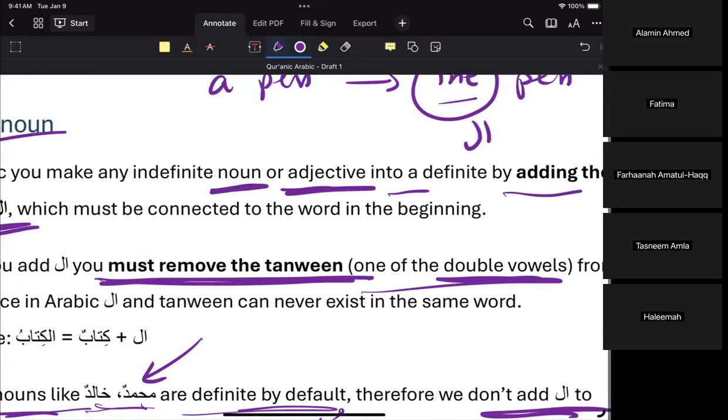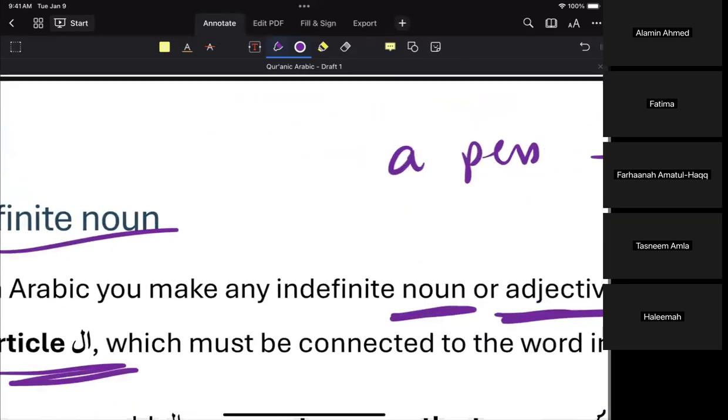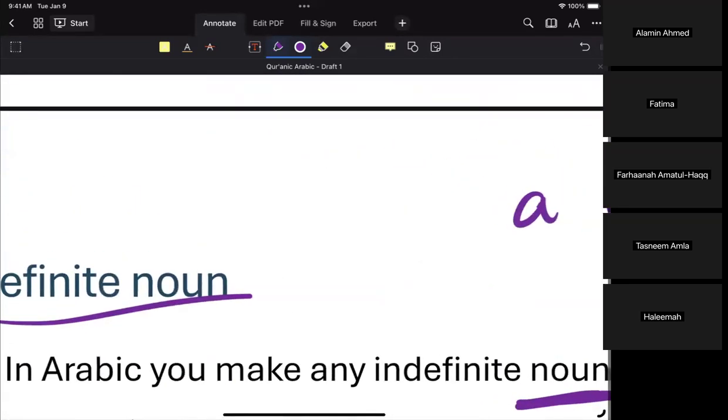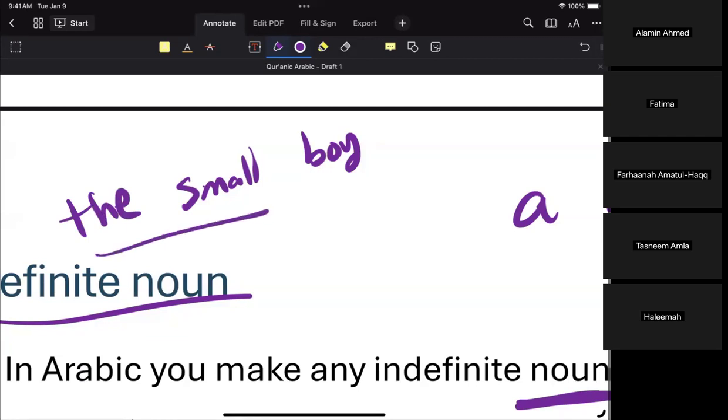The definiteness will come from the noun if we're adding the to the noun. For example, if we say the small boy, it depends on how you look at it, because in English we add the here, so it sounds like we're adding it to the adjective. No, actually the is coming to the boy, because if you remove the adjective, you have the boy.